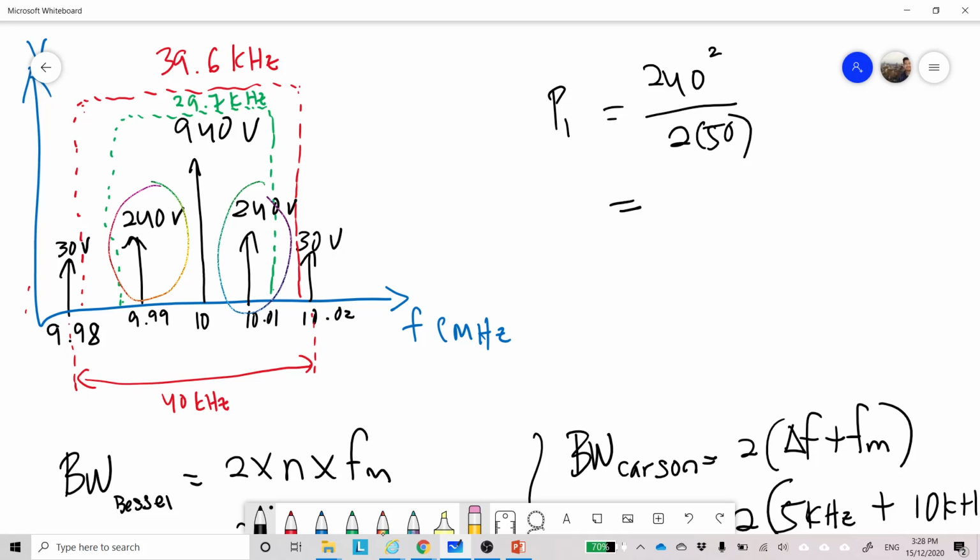Which is equal to, so 240 kuasa 2 dibahagikan dengan 100, so dapat 576 watt. Okay, so the question asks power in the smallest frequency component within the 99% of the bandwidth.